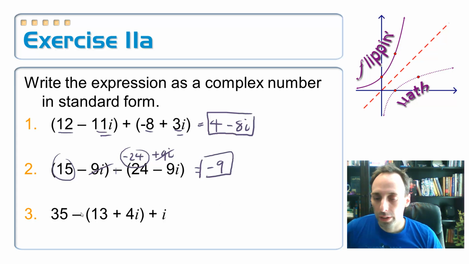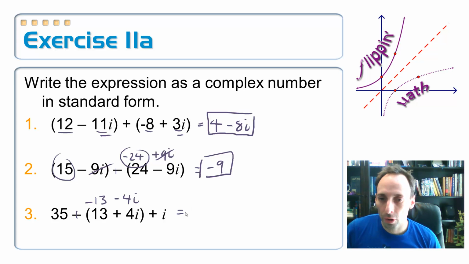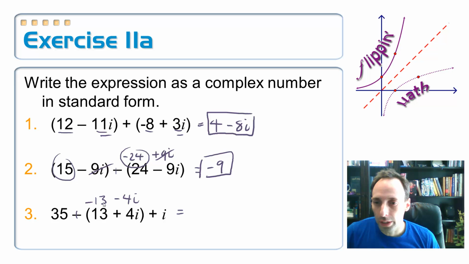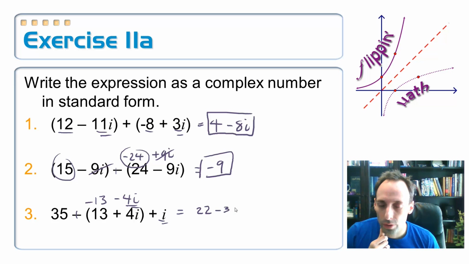And finally, again, I have a negative sign here, so let's distribute that through. Negative 13 minus 4i. Combine all our like terms. 35 minus 13 is 22. And our imaginary parts, minus 3i.